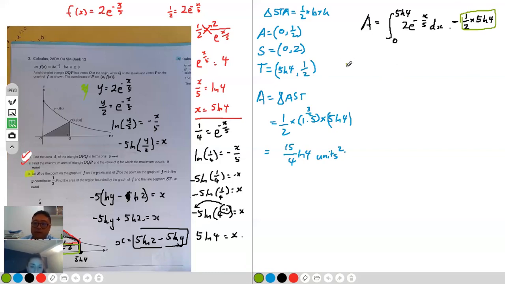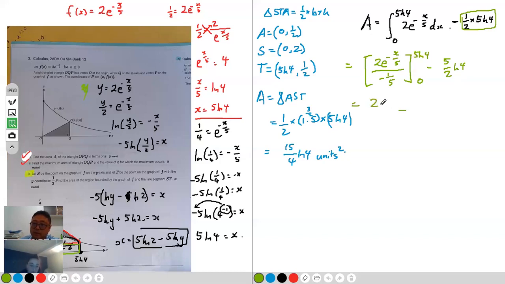Okay, but then when we integrate this it ends up being 2e to the minus x on 5 over minus 1 on 5. Is that right? Yeah. And then it goes from 5 ln 4 to 0, minus 5 on 2 ln 4. Let's substitute that in.